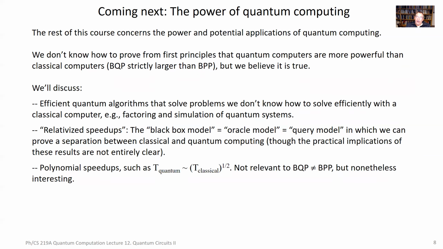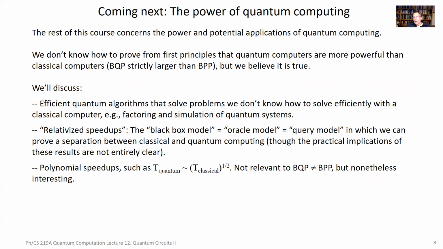We'll also talk about a model in which we can make precise statements about speedups of quantum circuits over classical ones. These are called relativized speedups. The model is variously called the black box model, the oracle model, the query model.